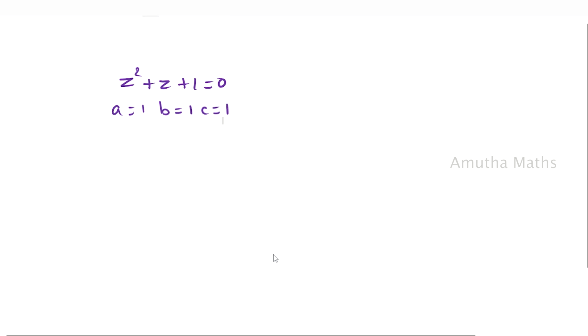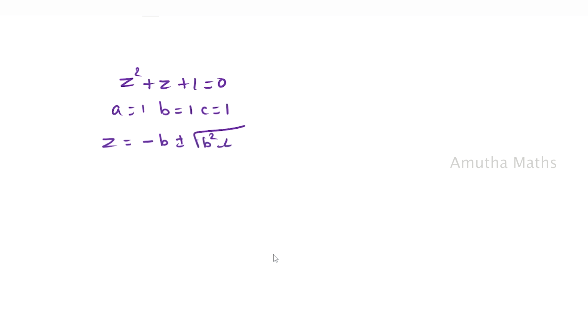Okay. So what is z square plus z plus 1 is equal to 0? Here that is a is equal to 1, b is equal to 1 and c is equal to 1, isn't it? So z is equal to minus b plus or minus root of b squared minus 4ac divided by 2a.